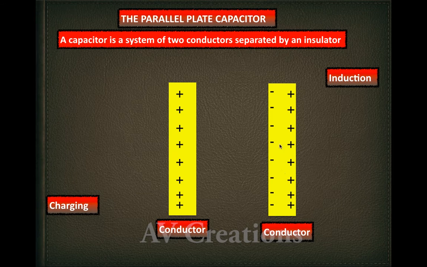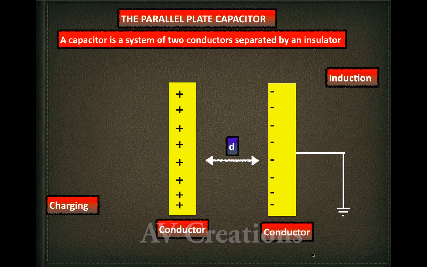So what we can do is earth this side. This distance is d. When we earth it, all the positive charge will flow towards earth. So now it is a negative charge only, and we can increase the charging capacity of this conductor.